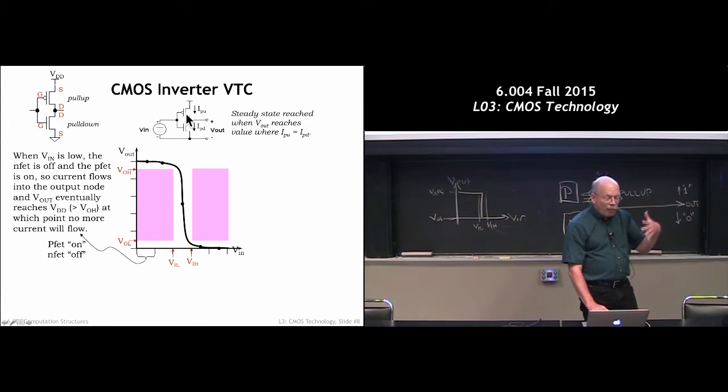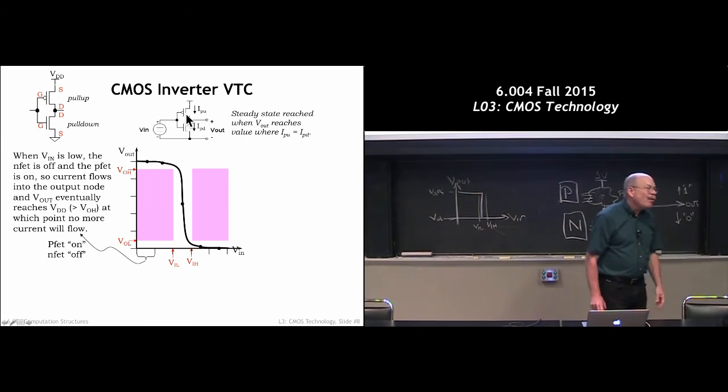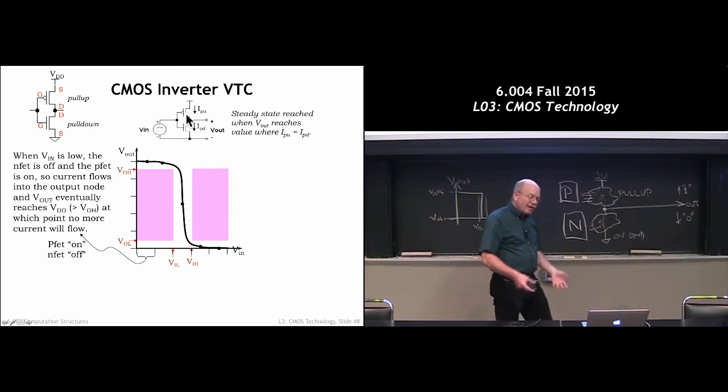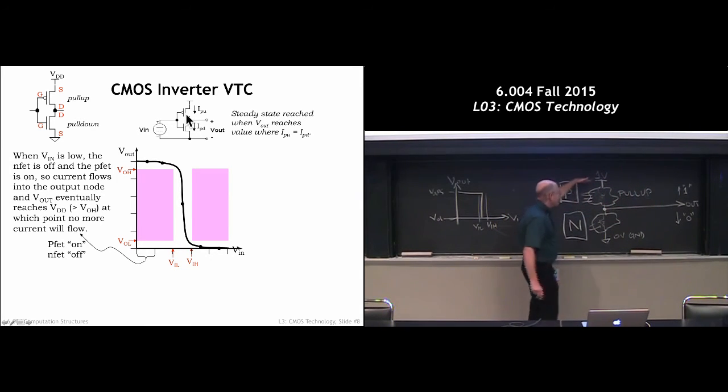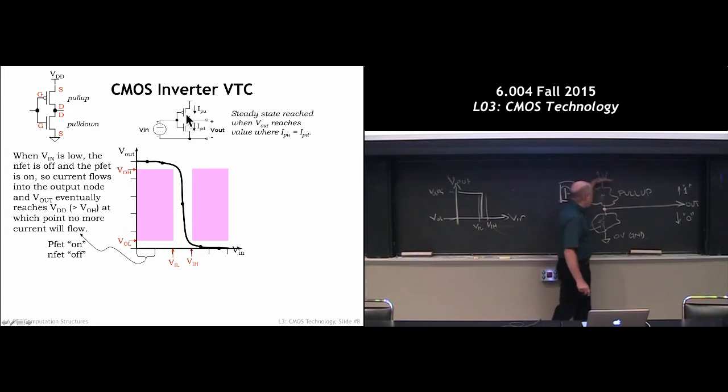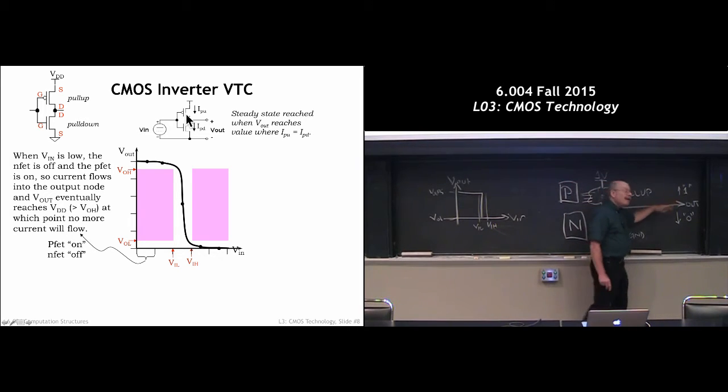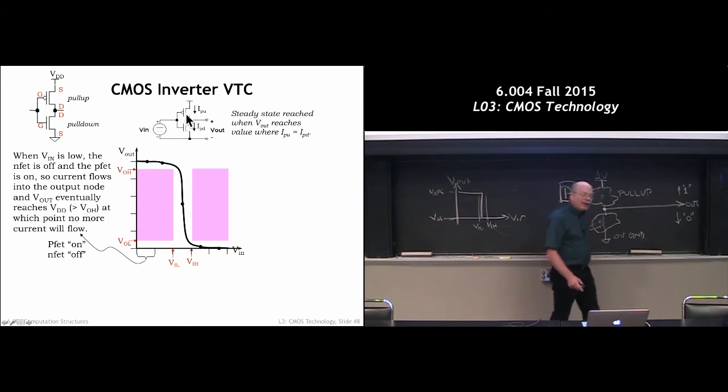So we expect the output node to charge up until it reaches VDD, at which point it's done. Or in this case, 1 volt. Now the output node and the power supply have the same voltage. There's no current flowing through the pull-up anymore, because there's no voltage across the pull-up switches. So that means we're not dissipating power anymore. Nothing's changing. And we have a 1 on the output if we have a 0 on our single input node.